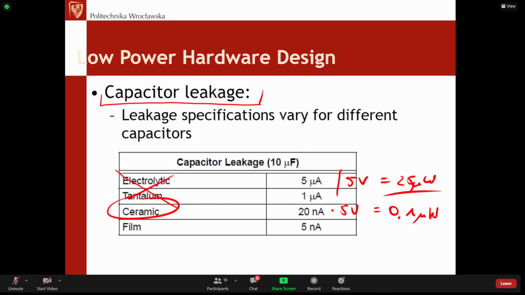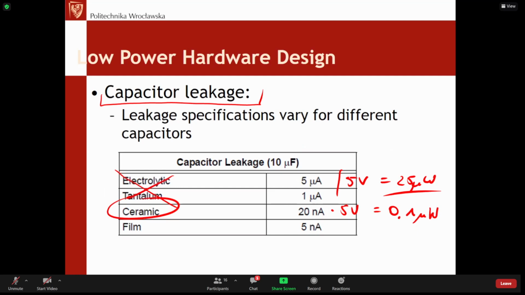If you want your device to really live for a very, very long time, then you should try to design everything with as small a number of capacitors as possible. I mentioned some time ago that without thinking, we should be using decoupling capacitors at every power supply pin of every digital and analog integrated circuit.